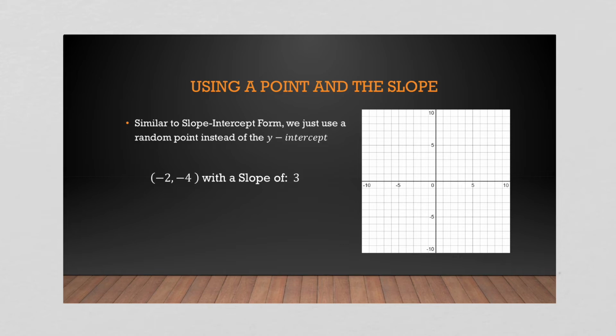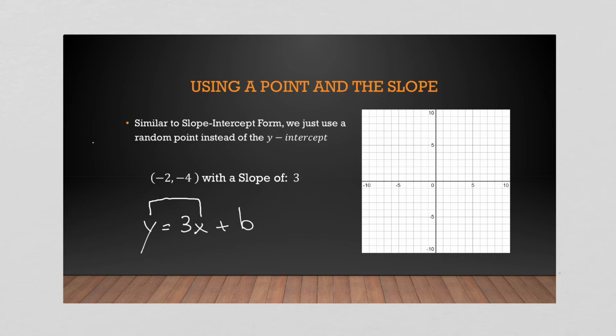Okay, now what about if you're only given a point and the slope? Well, the good news is we can use slope-intercept form and tie it to the fact that we don't know the y-intercept, but we know a point. And remember that any point that exists on my line can be subbed in for that x and y.